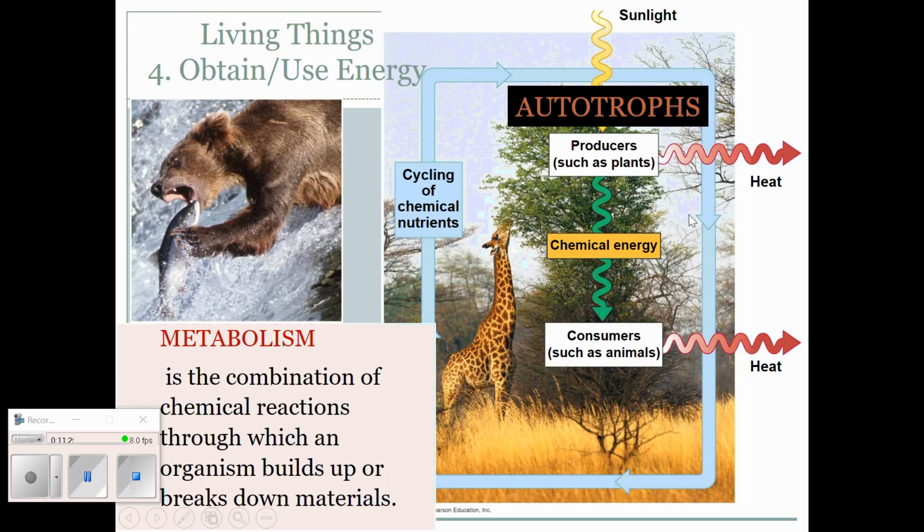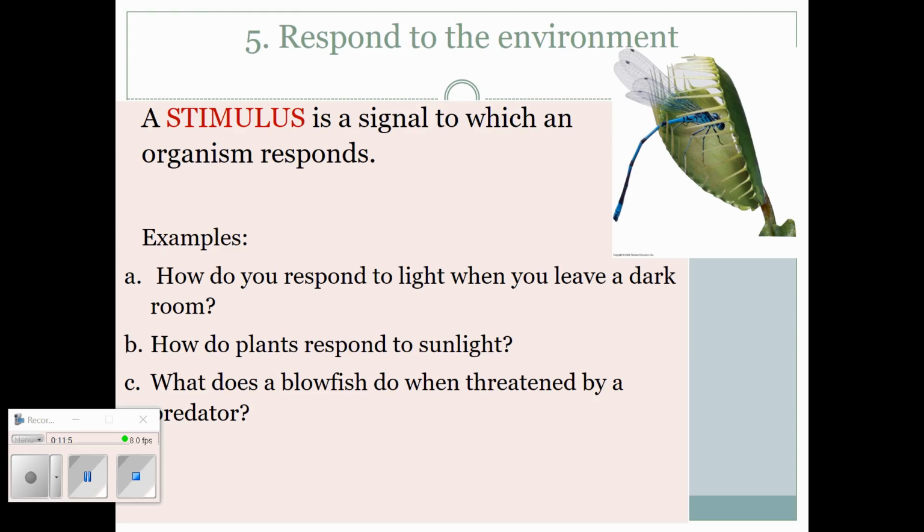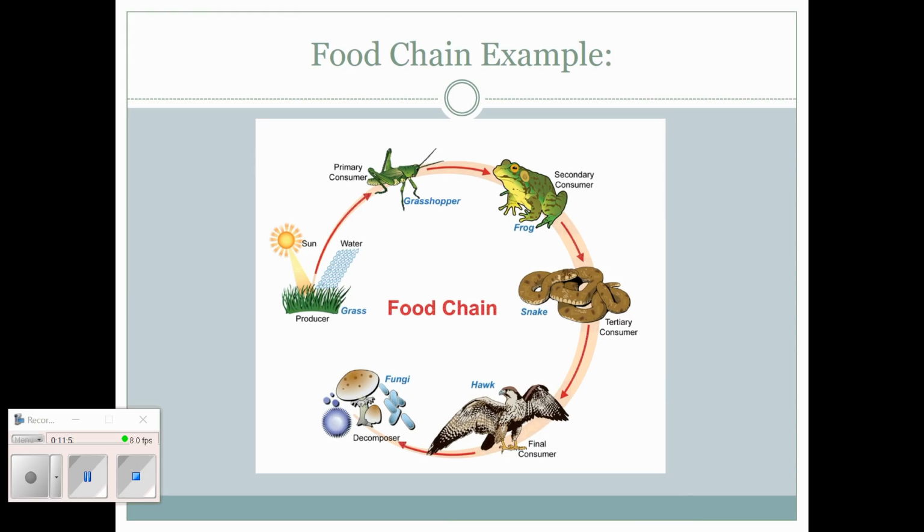So on this diagram, we see autotrophs, which are plants, take their energy directly from the sun. Heterotrophs, which are animals, they are consumers. They must consume or eat something else in order to get their energy. Our example is the food chain. A food chain shows you the flow of energy in an ecosystem.